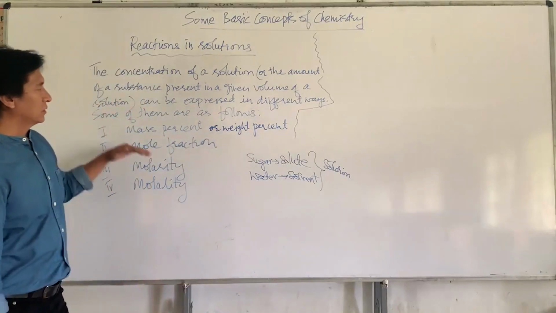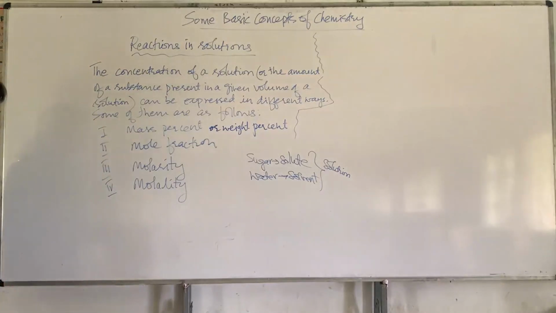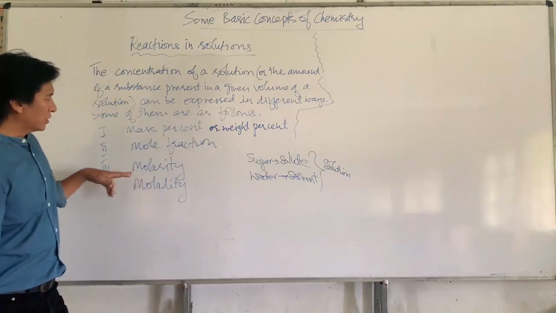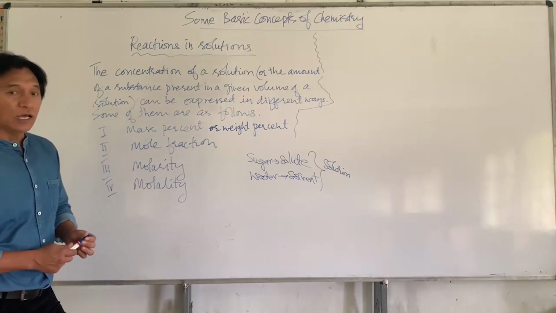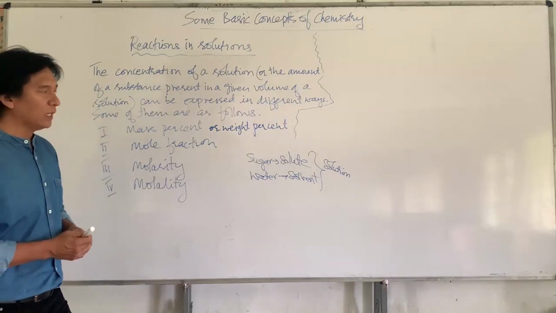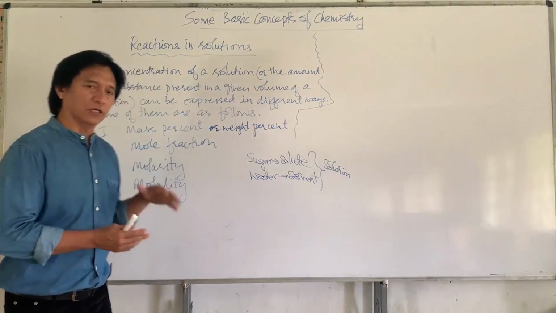We're going to call this the mass percent, right? And then the second method is called the mole fraction. The third one is molarity, and the fourth one is molality. Now we shall take up these one by one and with some examples for each.